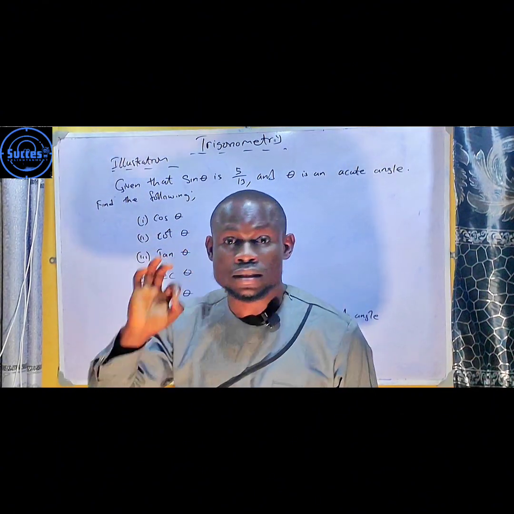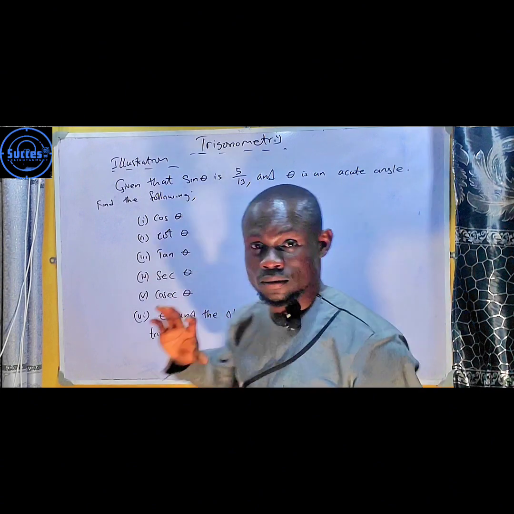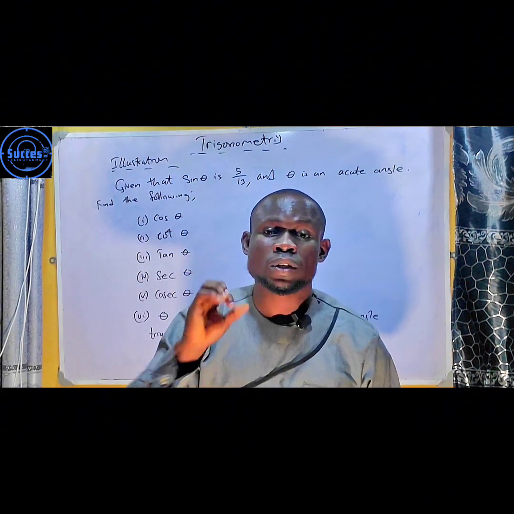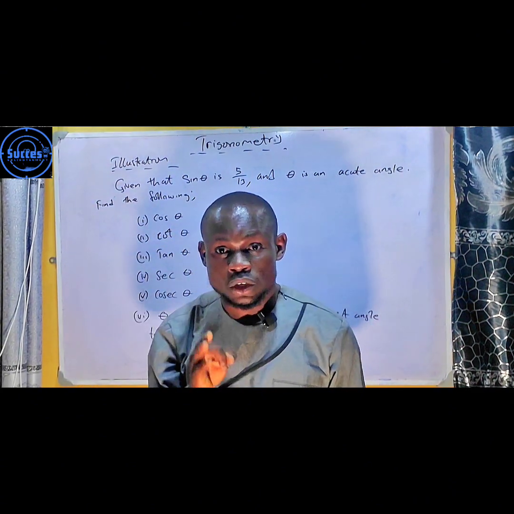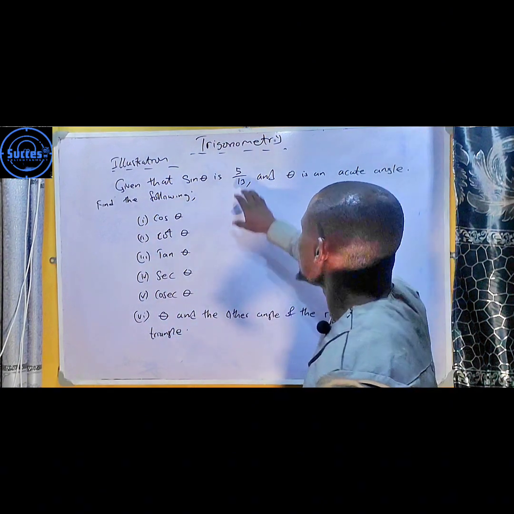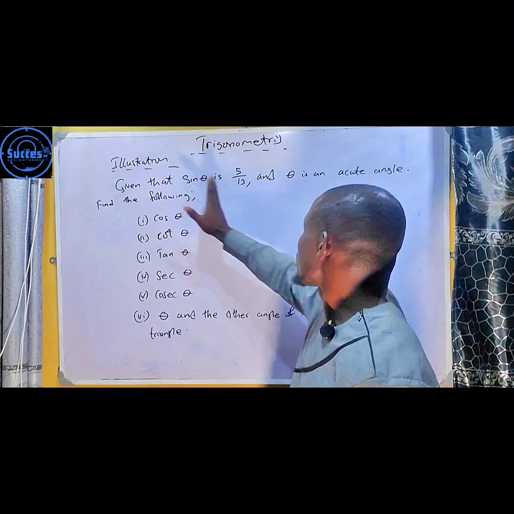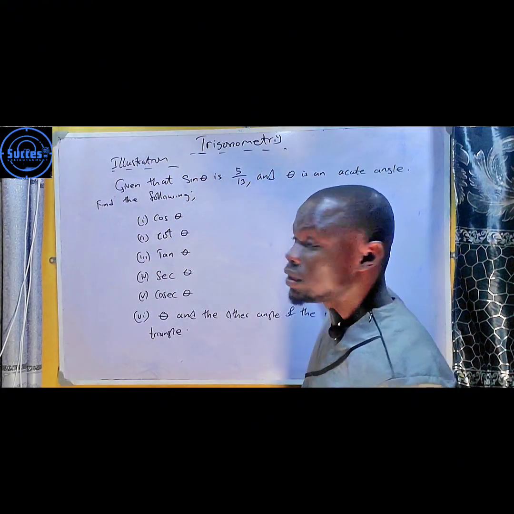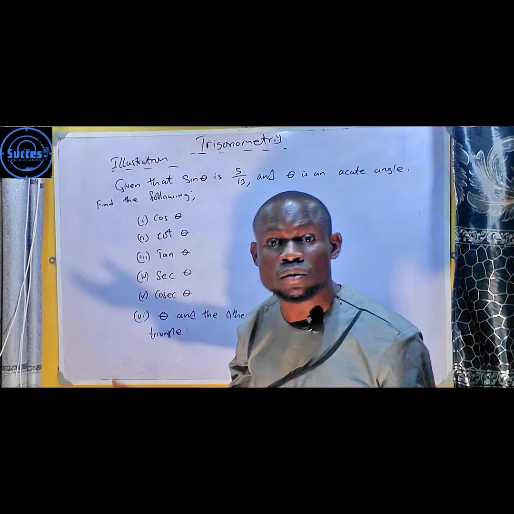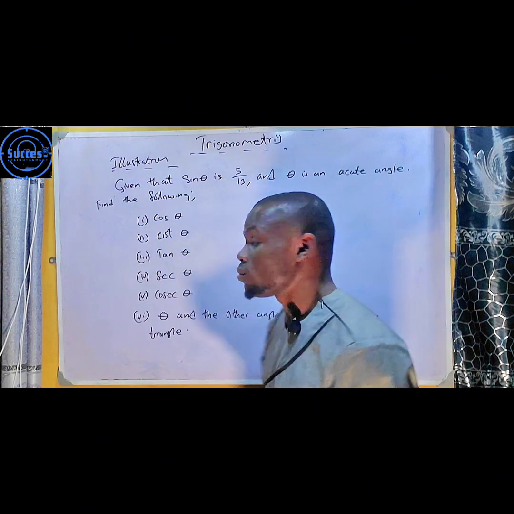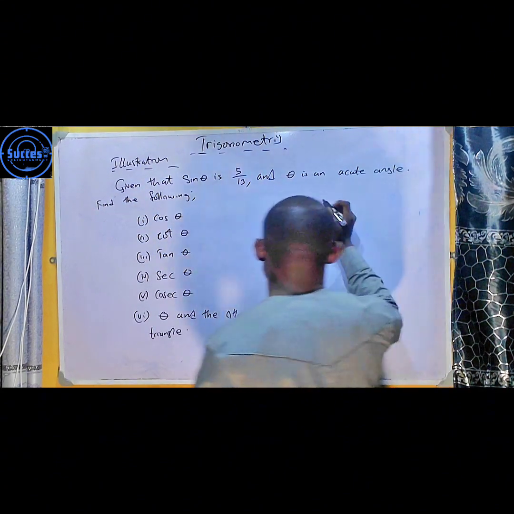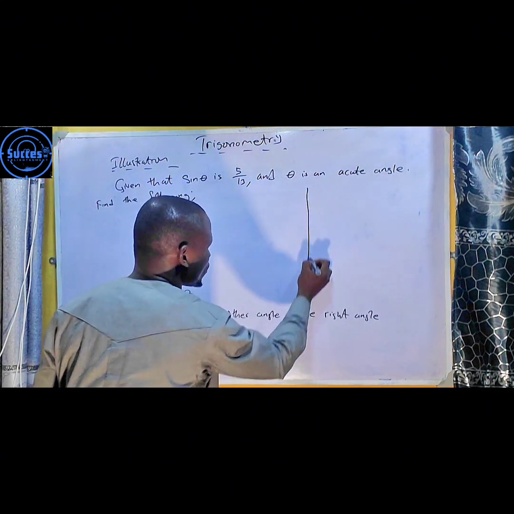From just this information, sine theta is 5/13 and theta is an acute angle, you can draw your right angle triangle thus.